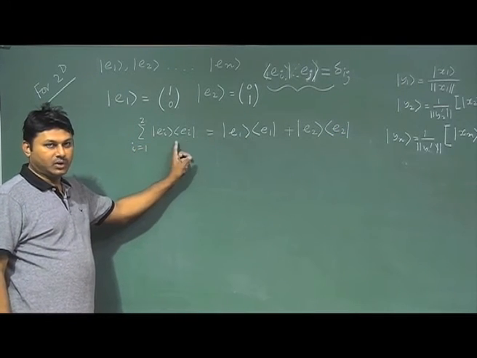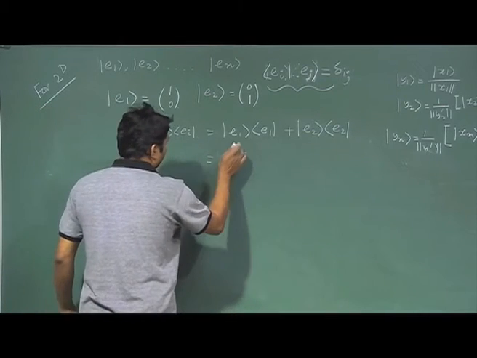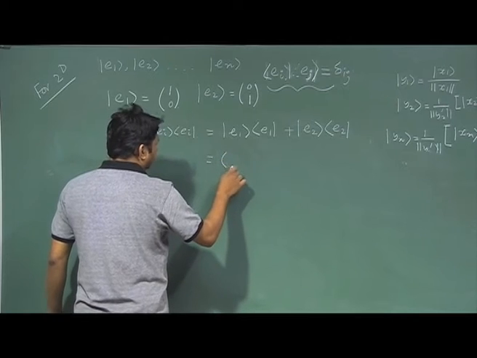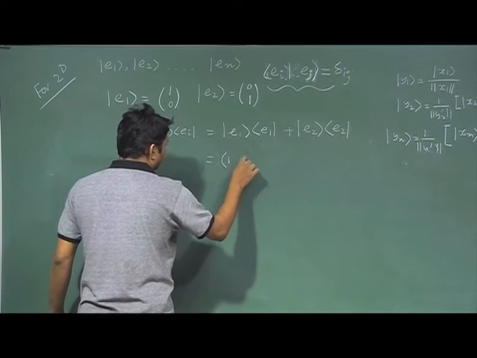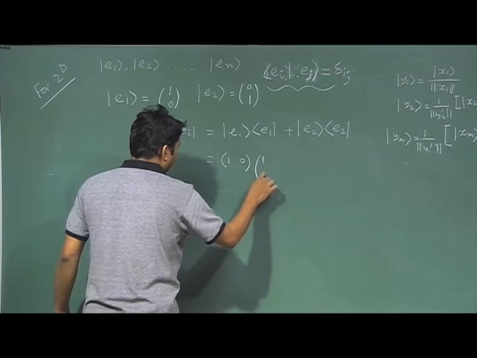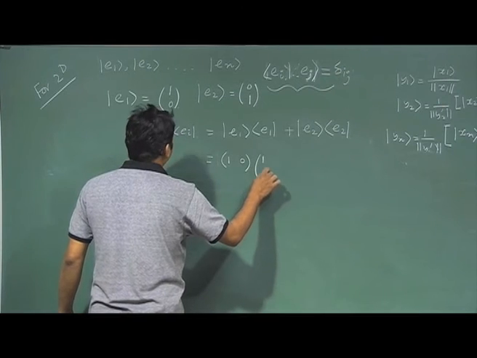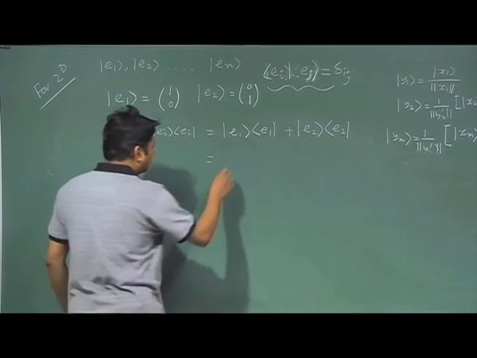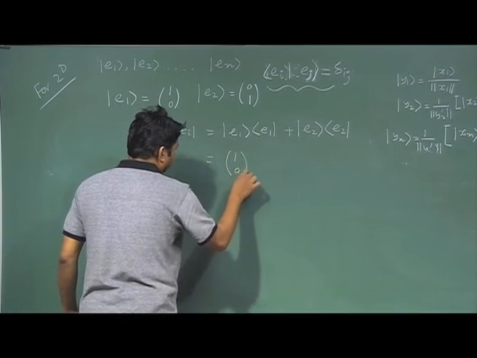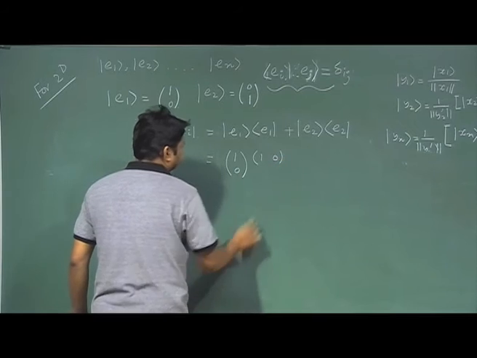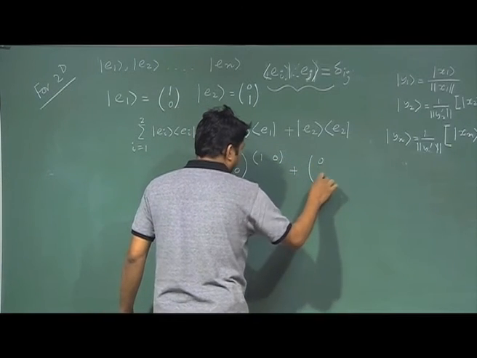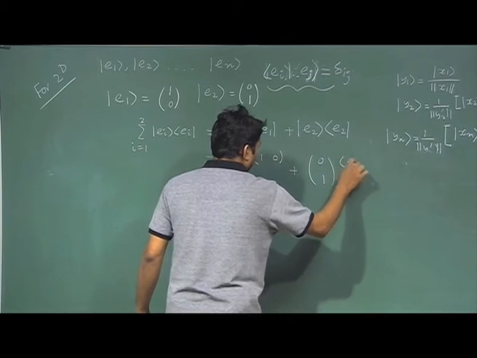Now you know how to calculate this outer product. It is (1 0) times (1 0), plus (0 1) times (0 1).